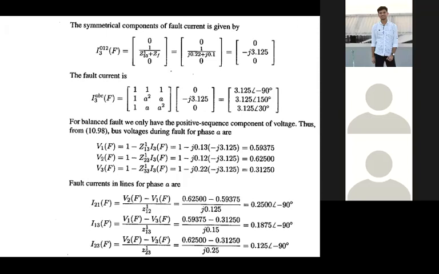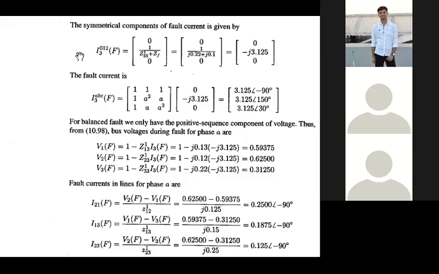So these are actually the idea. Now, as you know, the fault current calculation was done based on first the 012 domain. Then it is shifted to the ABC domain. Then we have applied that fault current to determine fault voltage for different buses, and then the line current.